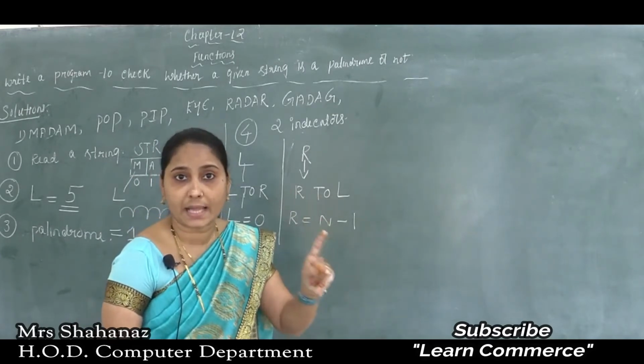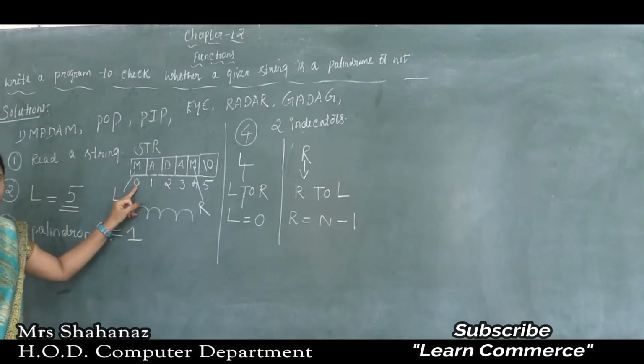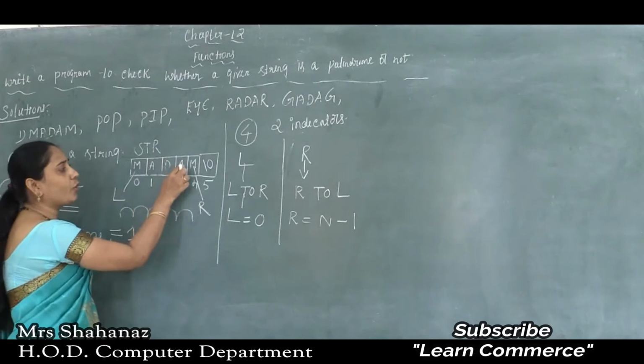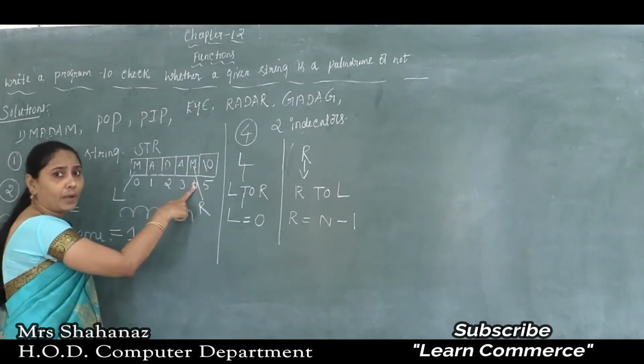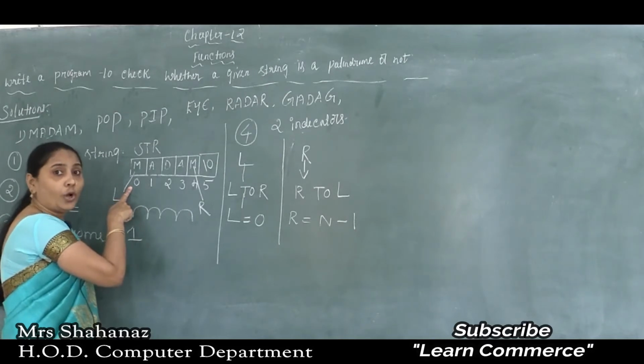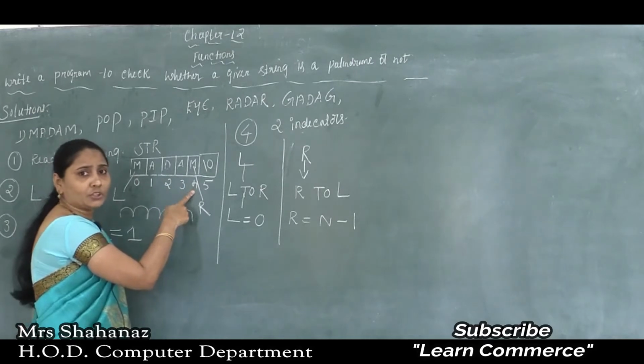Okay, 1 less than the length of the string. As we know that the position value is going to start from 0. So when you are going to count, otherwise 1, 2, 3, 4, 5. What's the number we will get here? 5. But actually the position value started from the number 0. So when you complete till m, we will get the position value as 4.